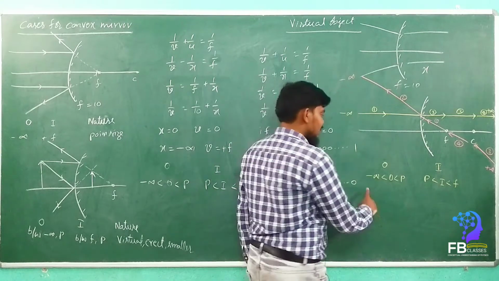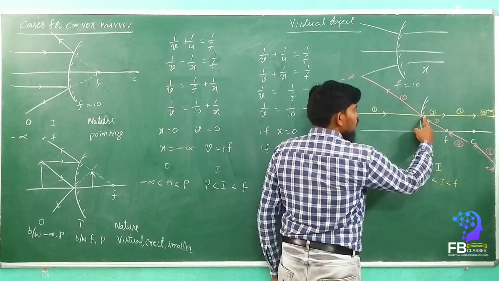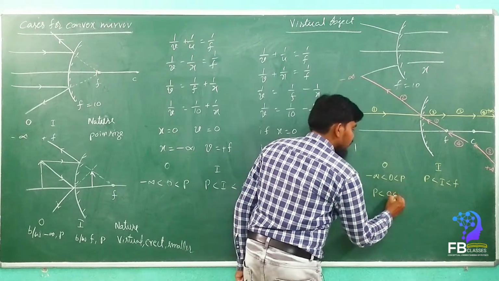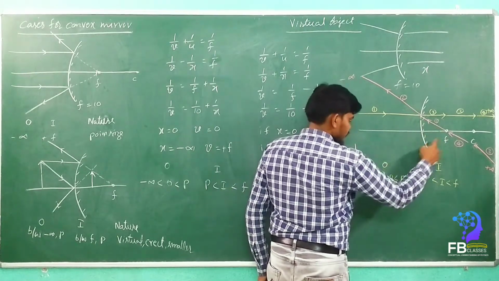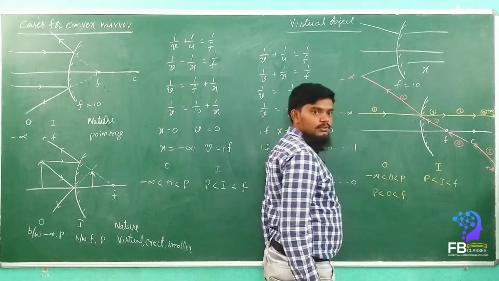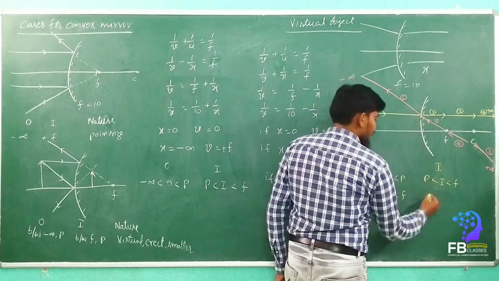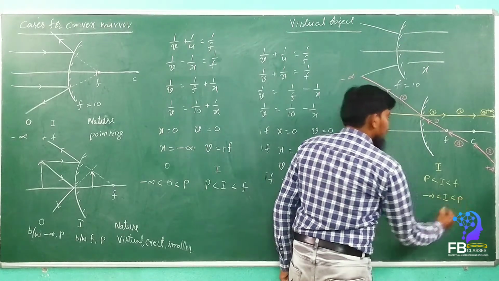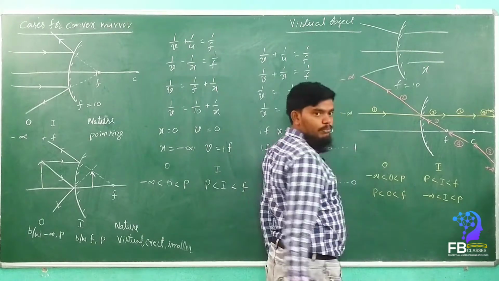Yes, sir. In the same manner, when the object is moved from pole to F, then the image is moved from minus infinity to pole. Got it?